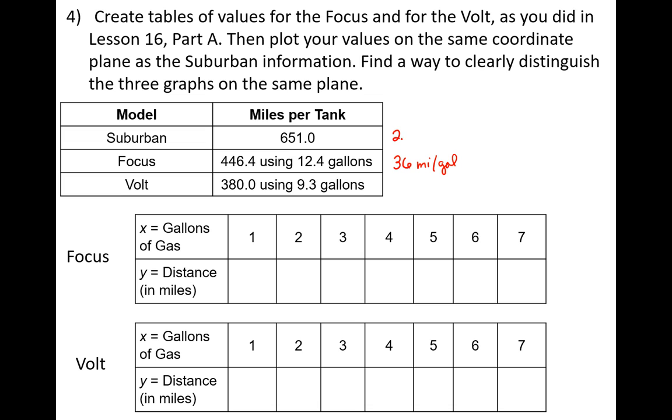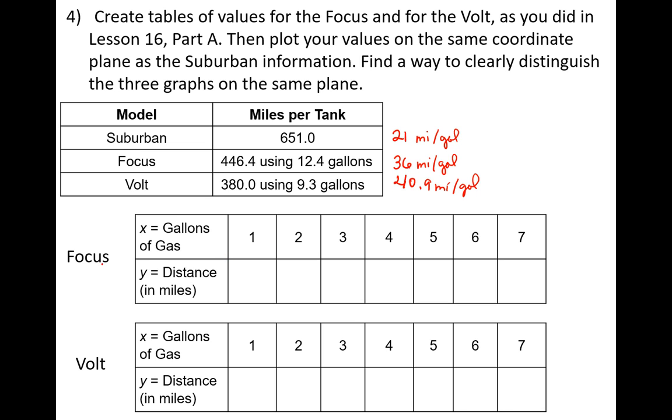This one was 21 miles per gallon. 380 divided by 9.3. This one was almost 41. If it had said to round it to the nearest, we could have said 41, but I put 40.9.